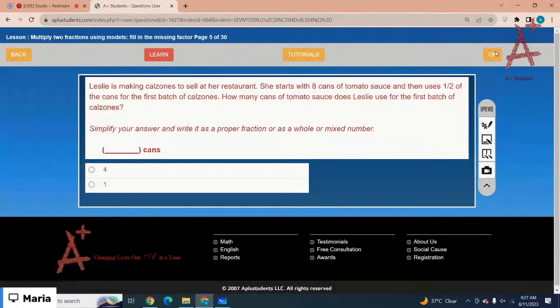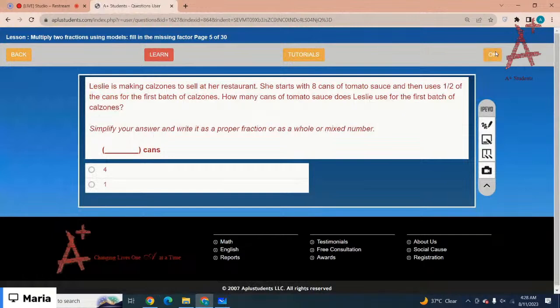Okay, Leslie is making calzones to sell at her restaurant. She starts with 8 cans of tomato sauce and then uses half of the cans for the first batch of calzones. How many cans of tomato sauce did Leslie use for the first batch of calzones?